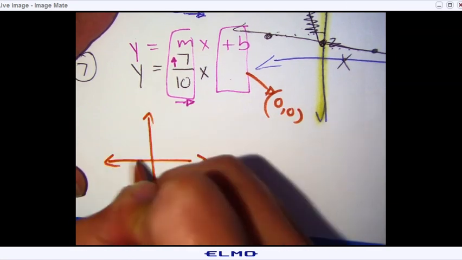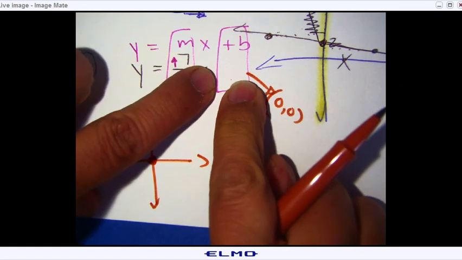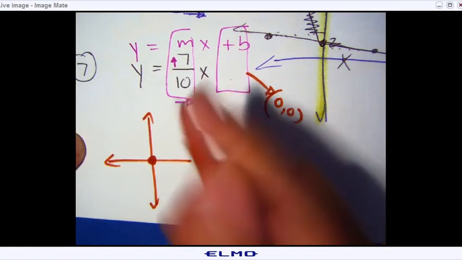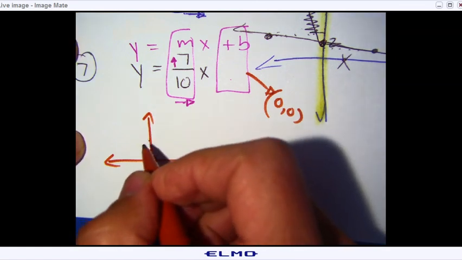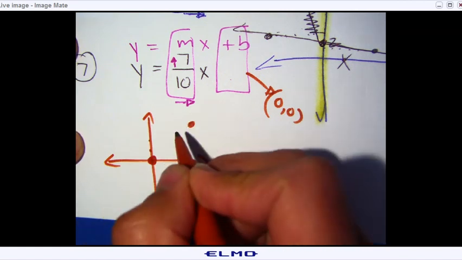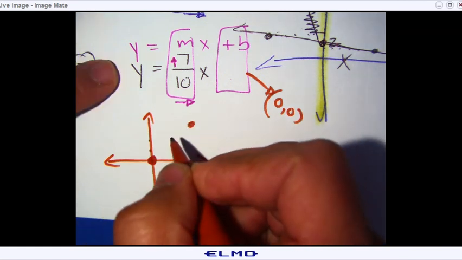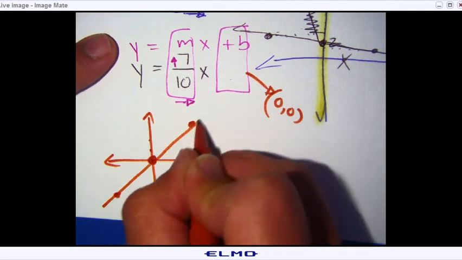So then what do we do? 7 up and then 10 to the right. Then 7 down and then 10 to the left. And there's your line.